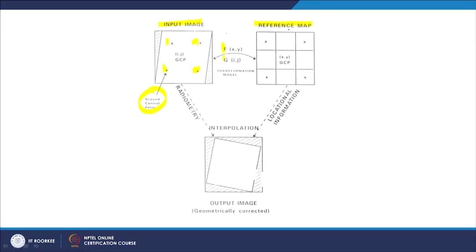That means the same point which I see in my image I also see in my master map, which are called GCPs, and which have to be common. For example, there might be a crossroad which I see in my satellite image, and the same crossroad I also see in my reference map. That can become one GCP.